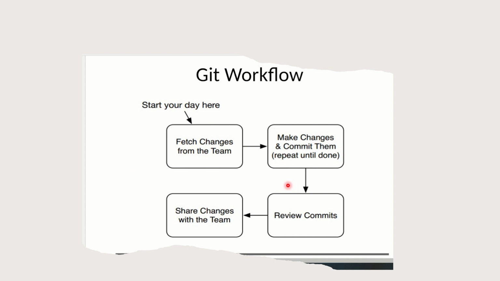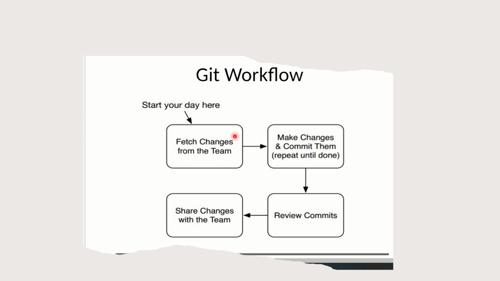Each day, whenever a developer starts their work, they will take a copy of all the files from the central repository by fetching them, which include the changes that may have been made by different developers the previous day. That will be taken by each of the team members whenever their work starts on a particular day.